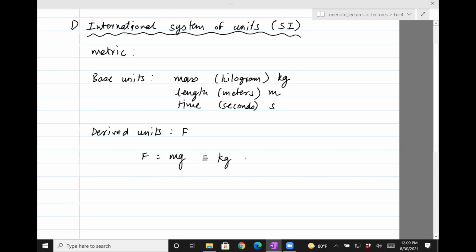Gravity is length per time squared, so it's meter divided by second squared. So the units for force in SI units is kg meters per second squared. This is often known as newtons, denoted by N.